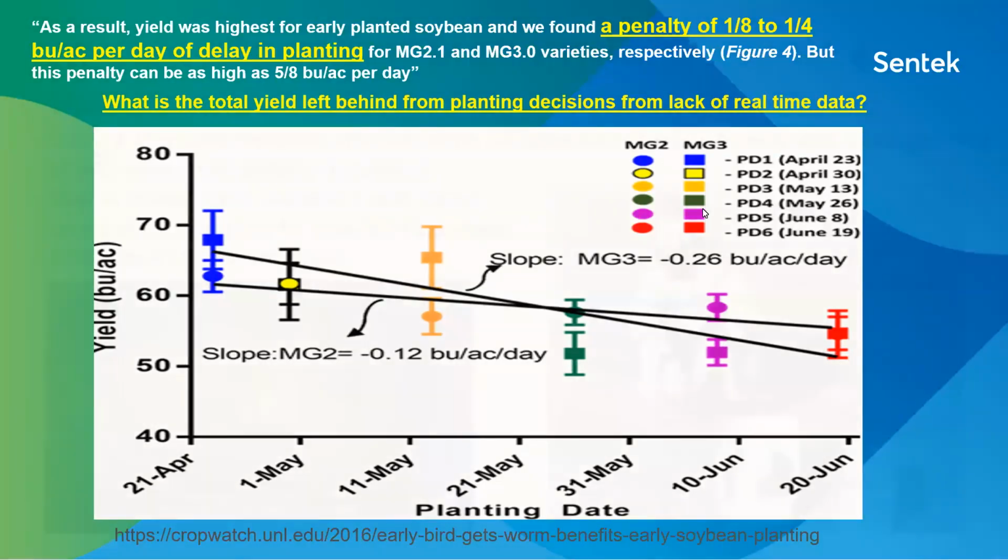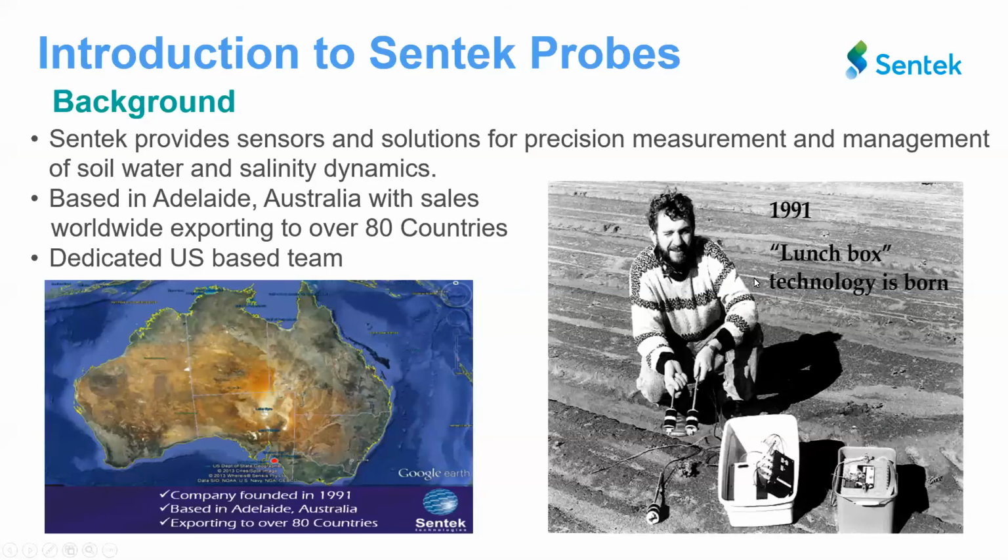So Sentek was founded in 1991 by Peter Buss. It was founded by a group of 50 onion farmers in South Australia. That's where our headquarters is. We're based in Adelaide, Australia. He was approached by a group of farmers in regards to what solutions he could bring in regards to water availability and monitoring salinity.